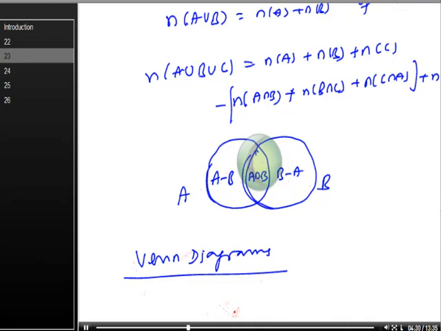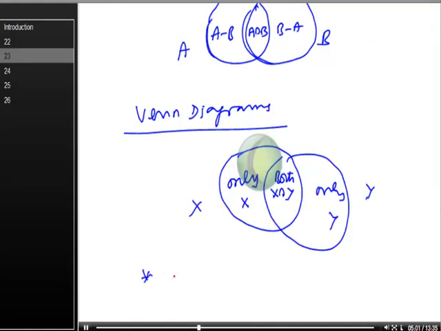The universal set U is represented by a rectangular region and each of the subsets by closed bounded spaces, normally circles. So supposing I have X and Y, outside totally is neither. This part is only X, this part is only Y, and in between X and Y is both. So we give an example.